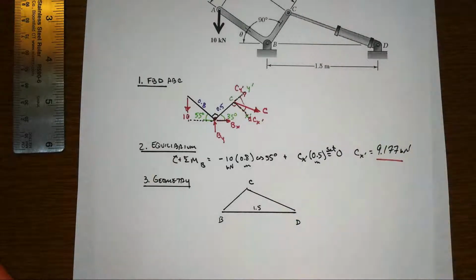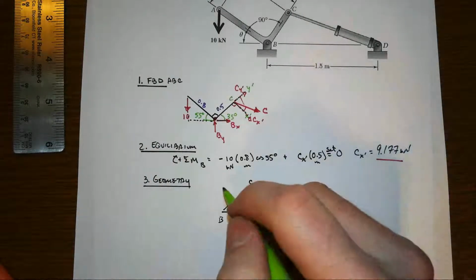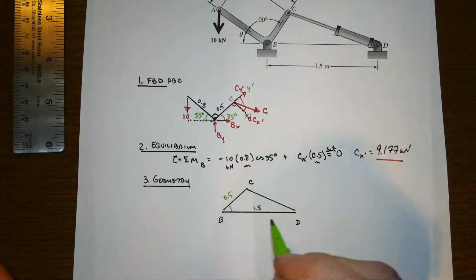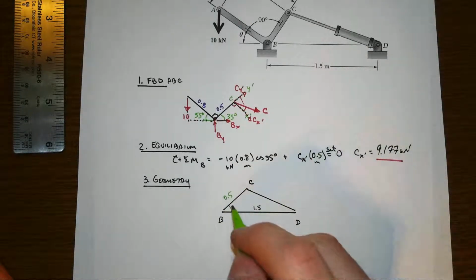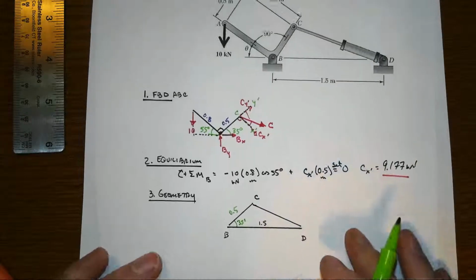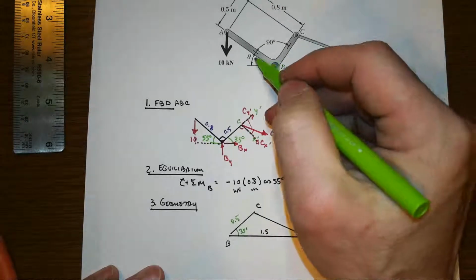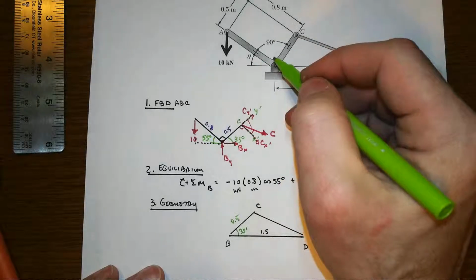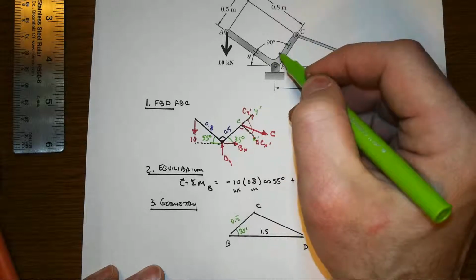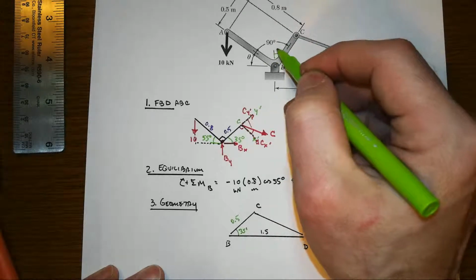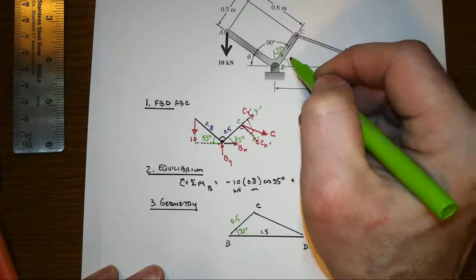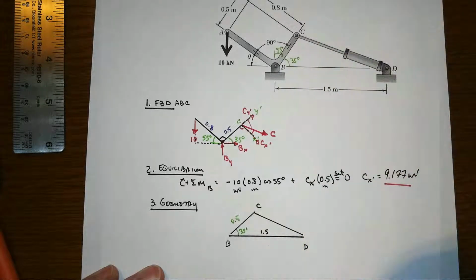Let's label what we know here. BC we know is at 0.5. We know that the angle between BC and BD is 35 degrees. We know that because if theta was 0, then BC would be hanging straight up. So the fact that this bracket is rotated clockwise 55 degrees, same as theta, means that this final angle there is 35.